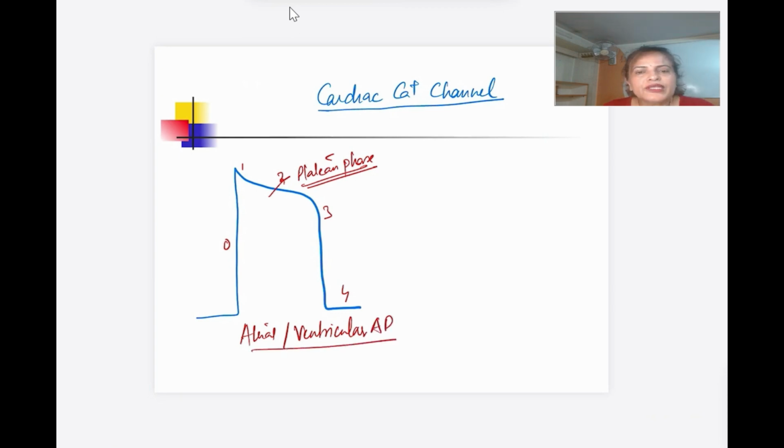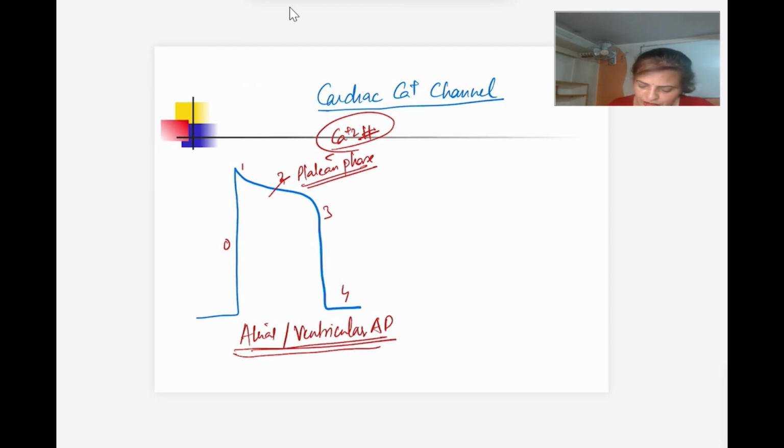Now this calcium enters over here, and then it is going to cause the release of calcium from the sarcoplasmic reticulum, and that calcium binds with the troponin, and it is going to cause the activation of both myosin and actin filament, and contraction will happen. Now if we give this calcium channel blocker, then that will not happen. So there will be no contraction. So this way it is going to act over here.